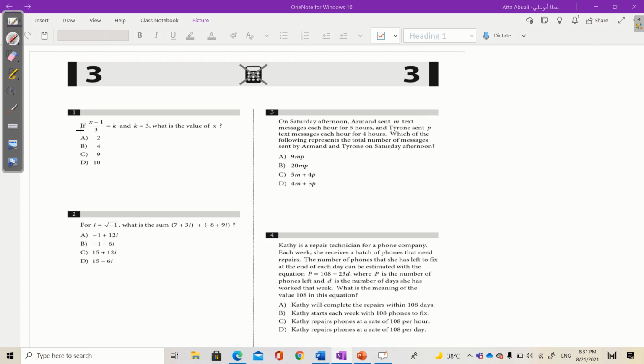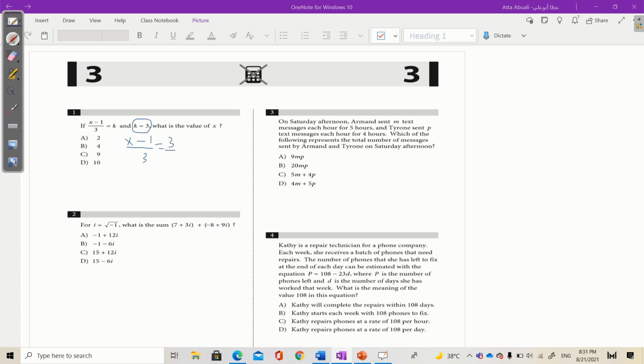Now, question 1, he said, if x minus 1 over 3 equals k, and k is equal to 3, what is the value of x? In an easy way, I can substitute k is equal to 3. So now it becomes x minus 1 over 3 is equal to, k is what? K is 3. So I can substitute k with 3.